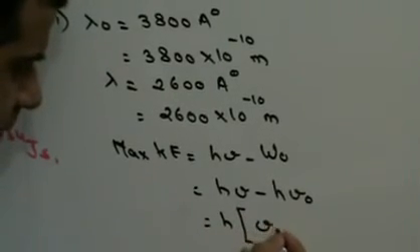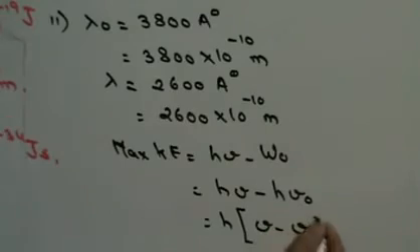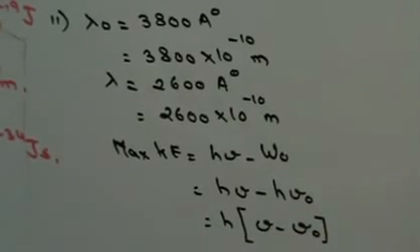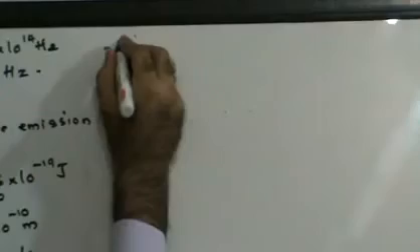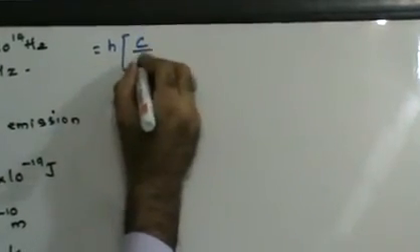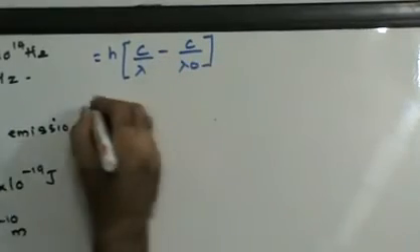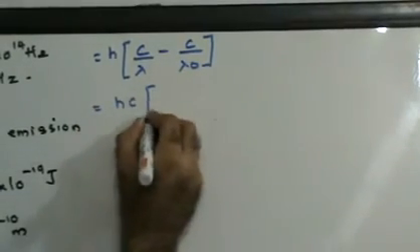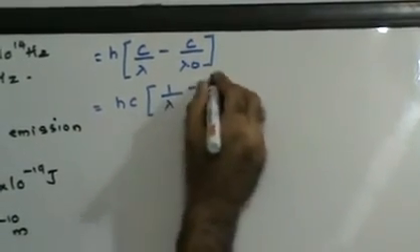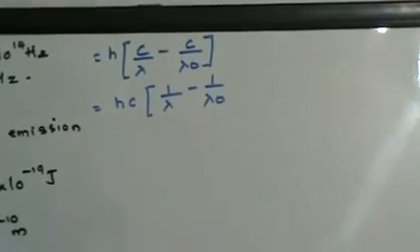I can say that this is v minus v0. But v minus v0 is nothing but c upon lambda minus c upon lambda 0. Therefore this is going to be hc times 1 upon lambda minus 1 upon lambda 0.